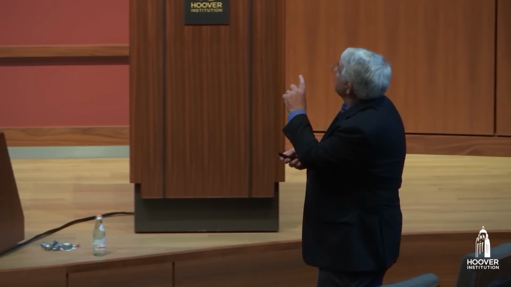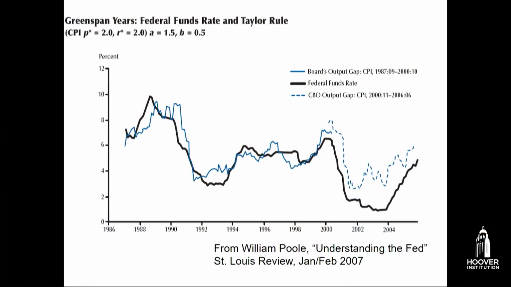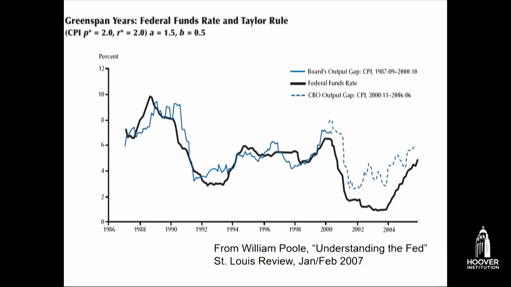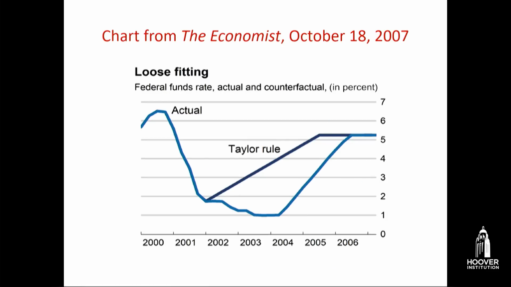So that little period at the end, which is, in this case, Bill Poole, but others are beginning to think, well, maybe we held rates too low in 2003, 4, and 5, and maybe that was part of the problem, has become a real issue for discussion. And in fact, this picture from The Economist magazine illustrates that. So all this is a picture at the end, which illustrates that policy was off track according to not just this Taylor rule, but compared to what they did in the 80s and 90s.